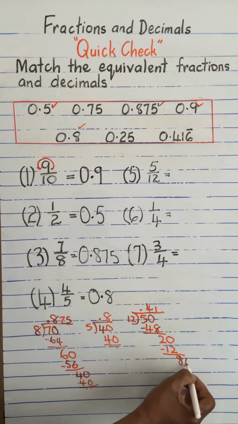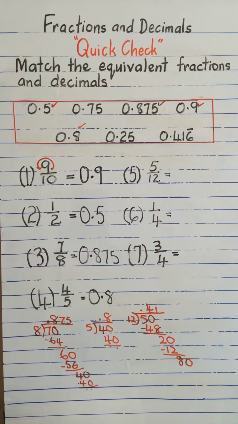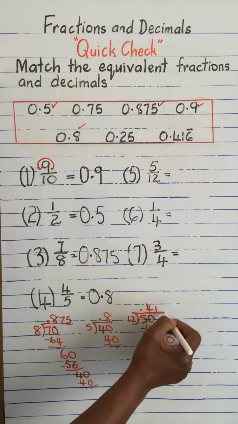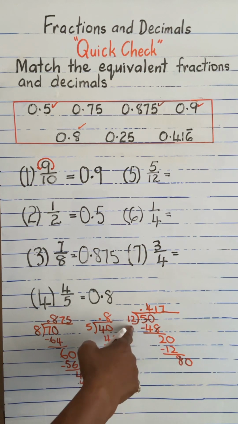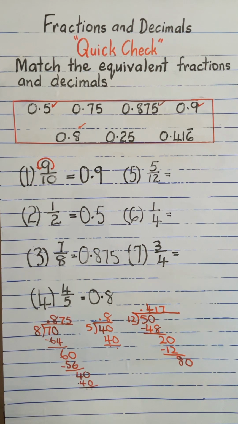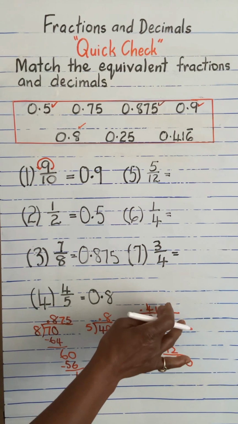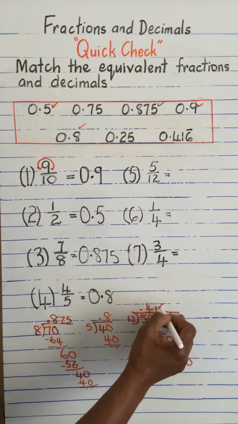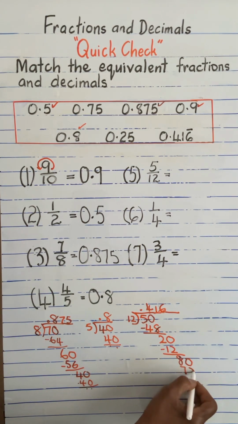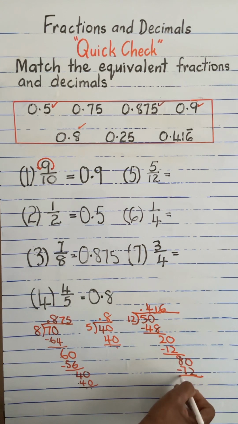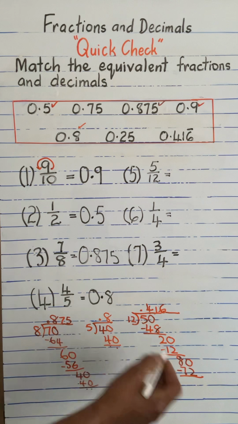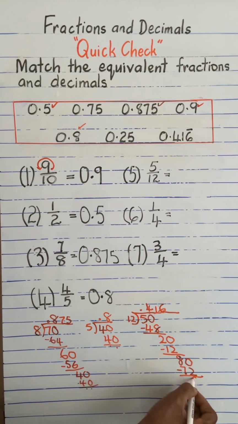Add a 0. How many times can 12 go into 80? 6 12s, 72. So it is 6 times. And we multiply, 6 times 12, 72. We subtract, and we're going to get an 8.